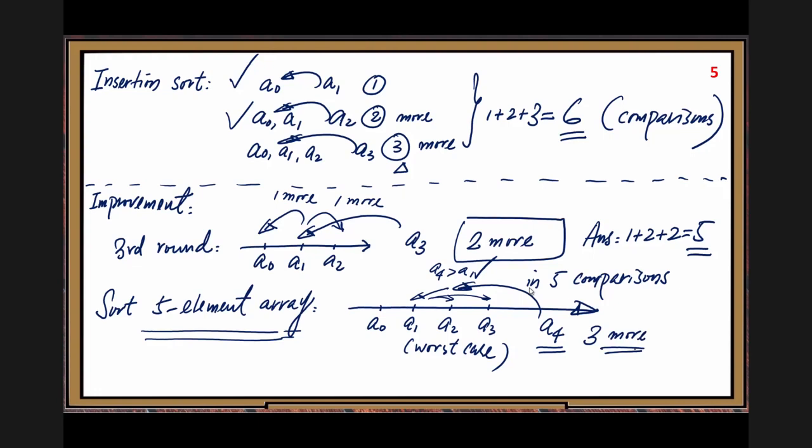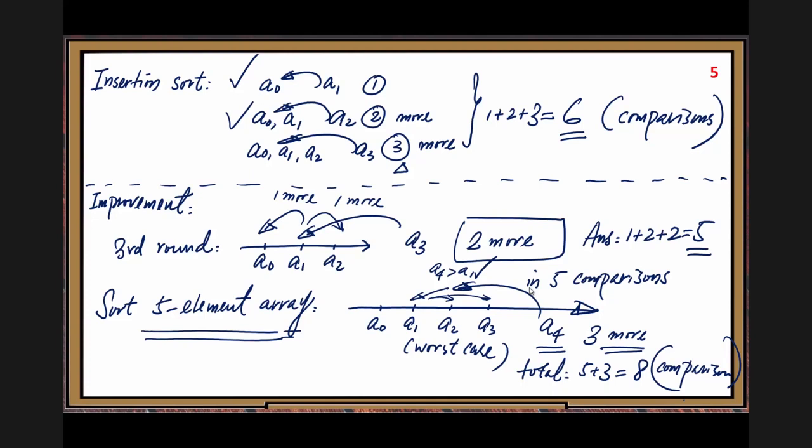So the total is 5 plus 3 equals 8 comparisons. All right. Is it the best solution? 8 comparisons?